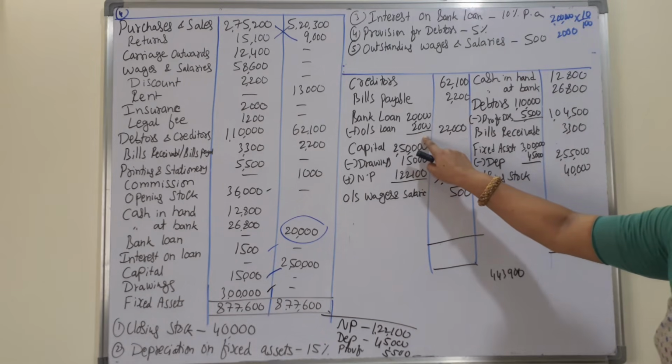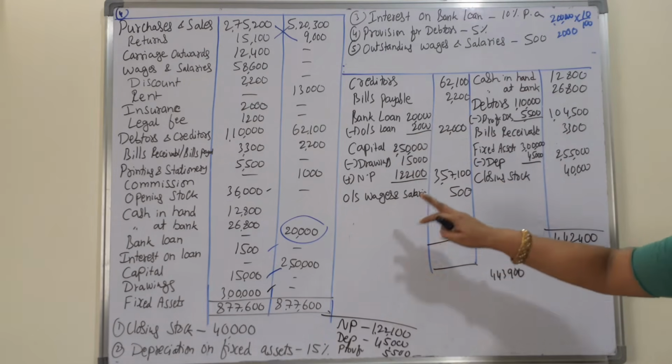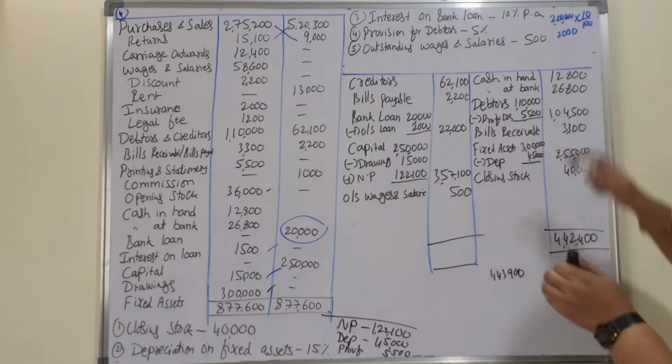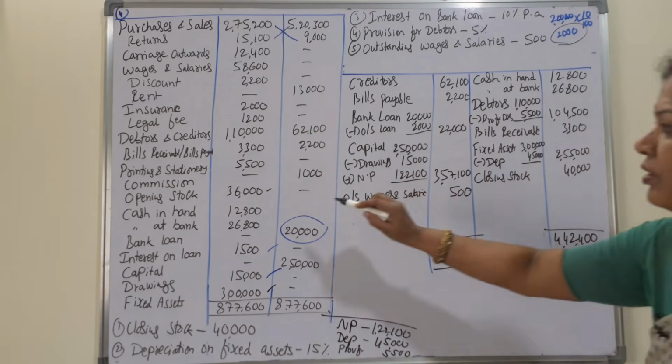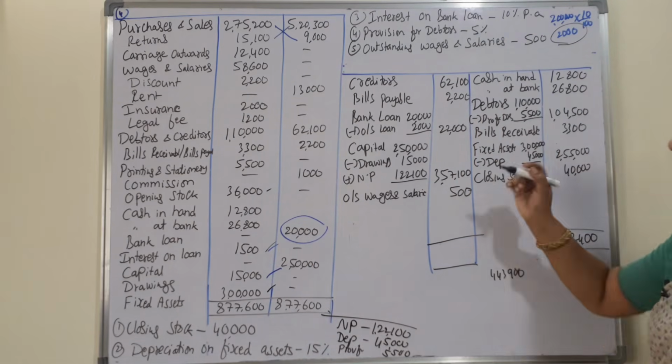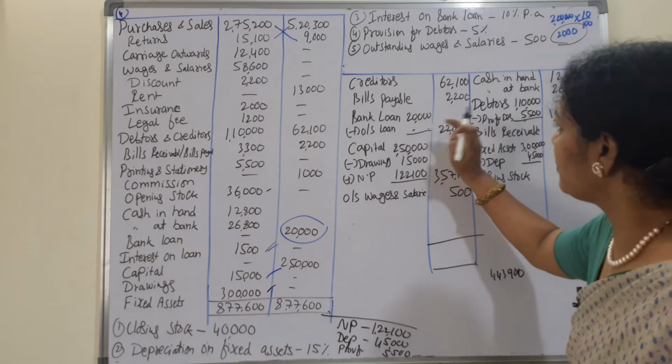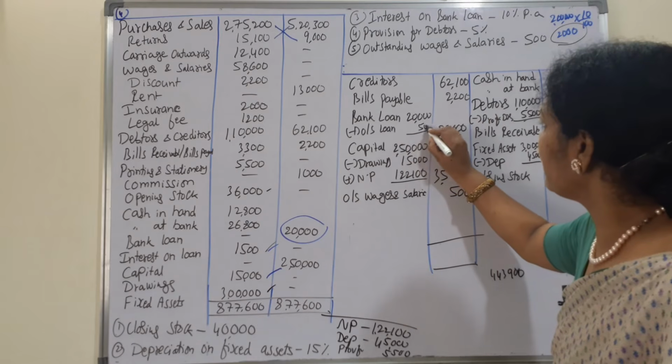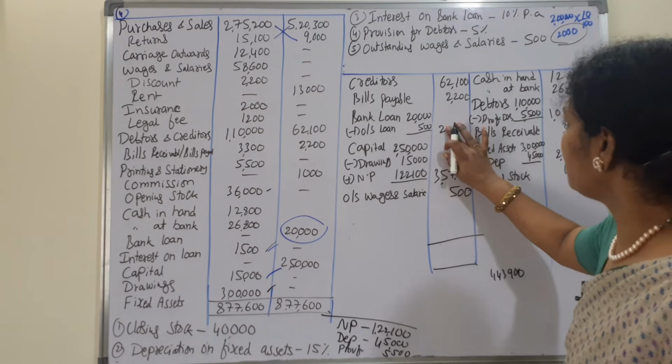It's not 2,000. It is only 500, because the total interest is 2,000, out of which 1,500 is already paid. Now payable is 500 only. So by mistake I have written 2,000 here. It is 500 only. So 20,500.